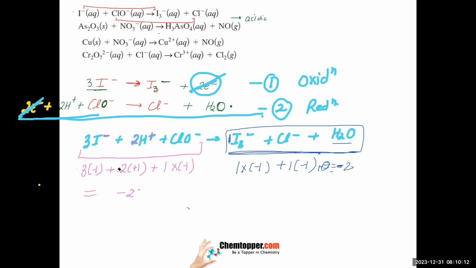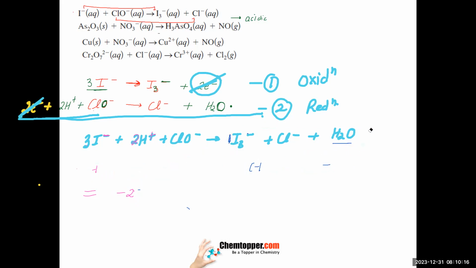Now what is the condition here? Acidic, basic. But if I say balance this equation in basic condition, then what are you going to do? You will add 2OH minus on both the sides, right?